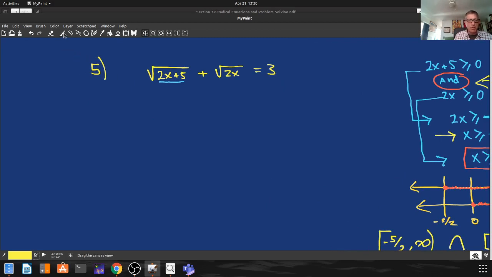And I'm just going to work through this to show you what all is involved. So my second step here is I have to isolate one of these radicals on one side of the equation. So that means I'm going to take this radical here and move it to the other side.